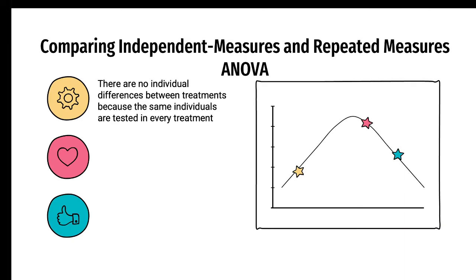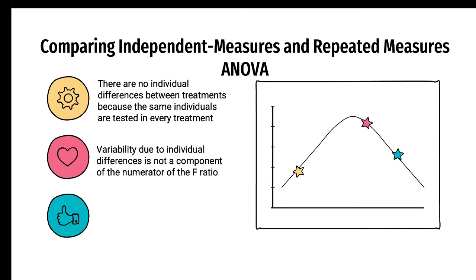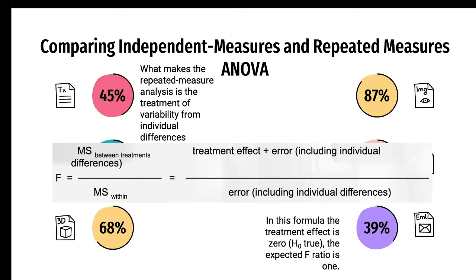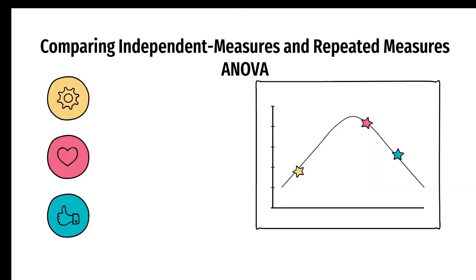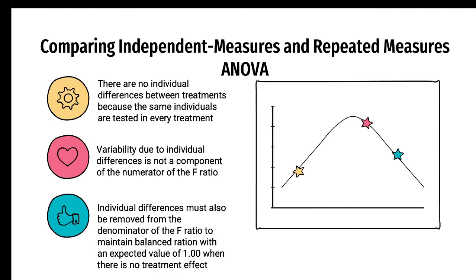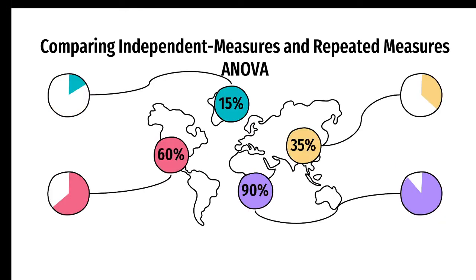There are no individual differences between treatments because the same individuals are tested in every treatment. Variability due to individual differences is not a component of the numerator of the F ratio. So we can see here the F ratio, and individual differences must also be removed from the denominator of the F ratio to maintain a ratio with an expected value of 1 when there is no treatment effect.